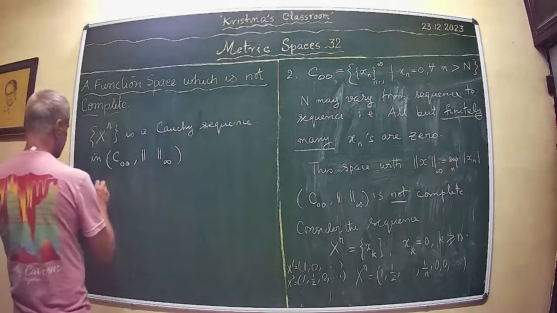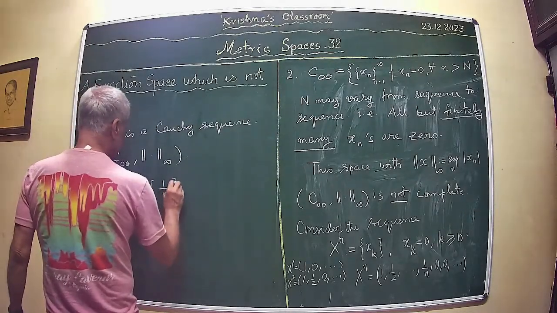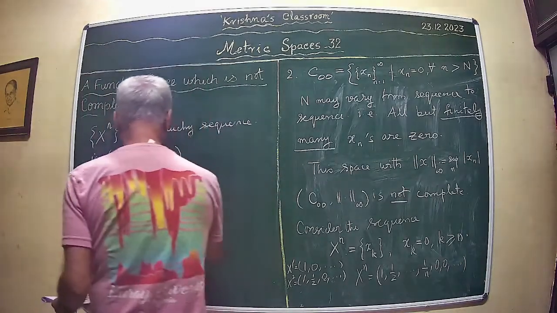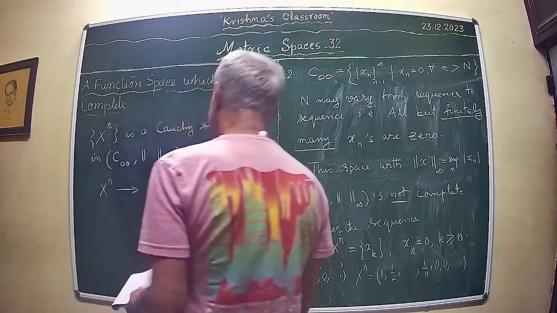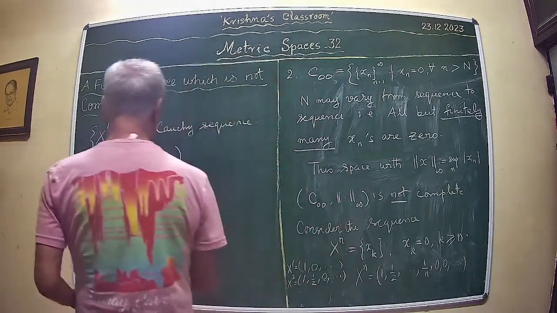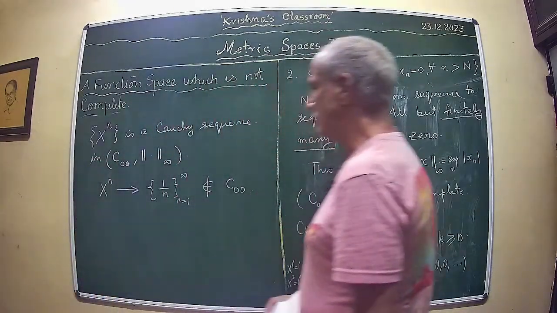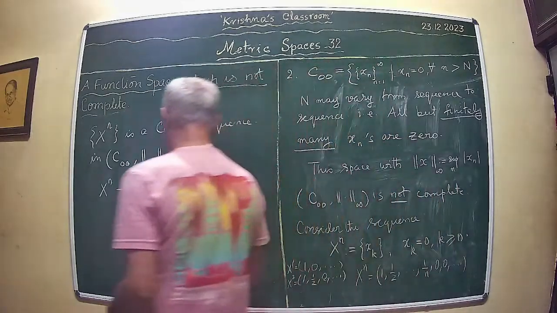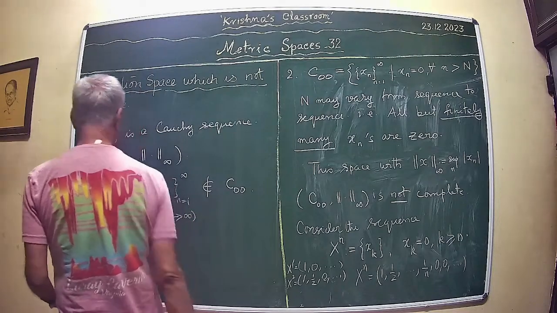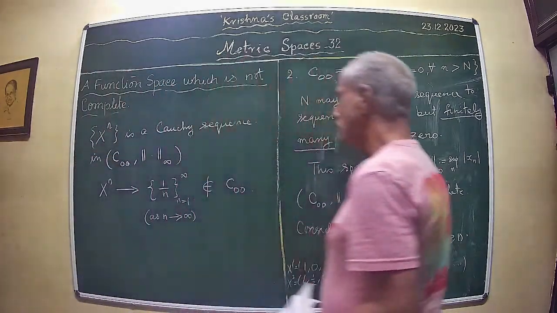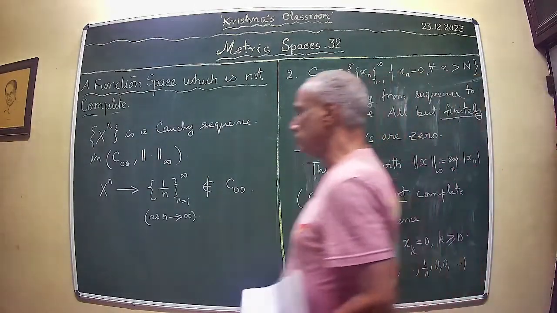Now one can show that xn converges to the sequence 1 by n, n from 1 to infinity, and you see that this does not belong to C naught naught. Therefore, C naught naught is not complete.